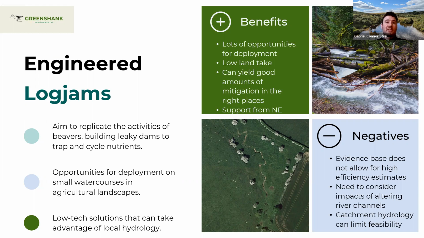And it can also be that the hydrology of a catchment area can play into your favour, but hydrology is a fickle master when it comes to looking at these schemes, and it can also end up limiting feasibility if you're not having the right places to deploy a scheme like a log jam on a land holding.